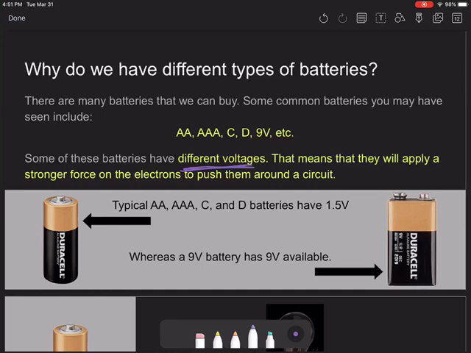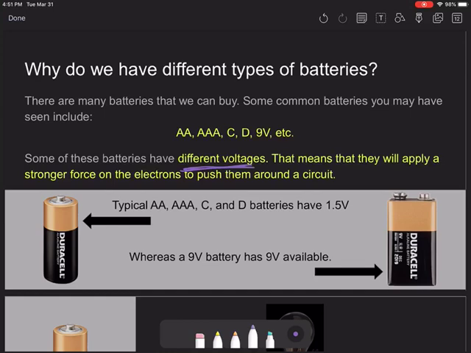If you don't see it on the battery, very typically you'll see it on the case that the batteries come in. And remember that voltage or potential difference is essentially that force pushing the electrons around the circuit. So the higher the potential difference, the stronger that push forcing those electrons to go around that circuit. The smaller the potential difference, the softer, the more gentle the push that's causing those electrons to go around the circuit.